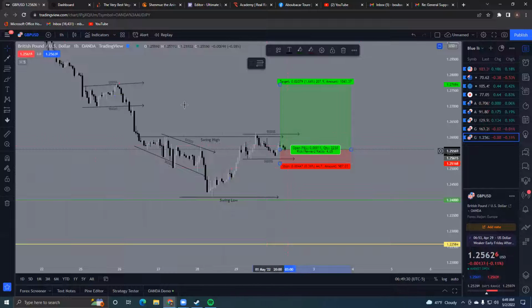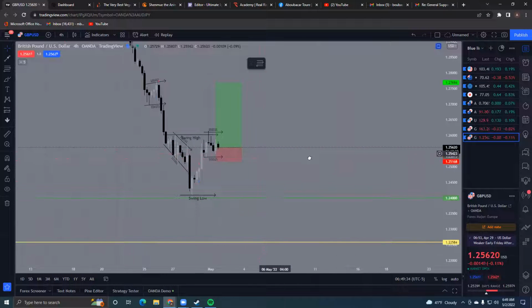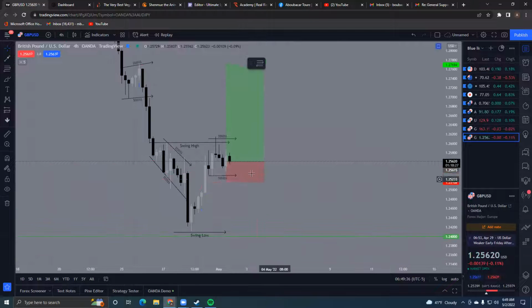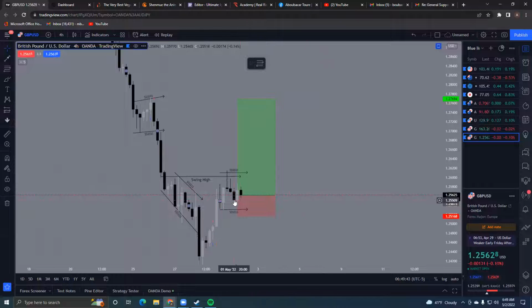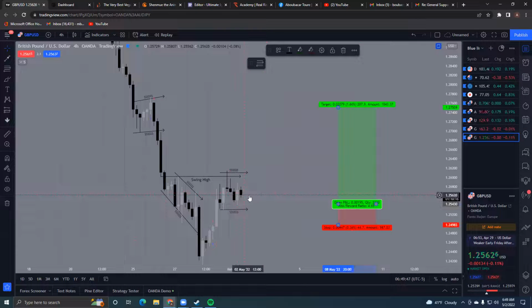So I know now on my 4 hour, again, 8 o'clock, when we're going to deal with this. This is a perfect example of what I would get involved with at around 8, a little bit after 8, because this candle will probably close going down. And the next candle could open, go down, and then not break the low.